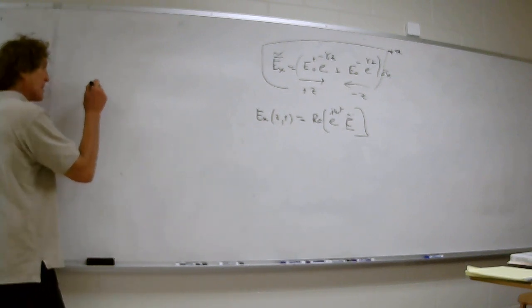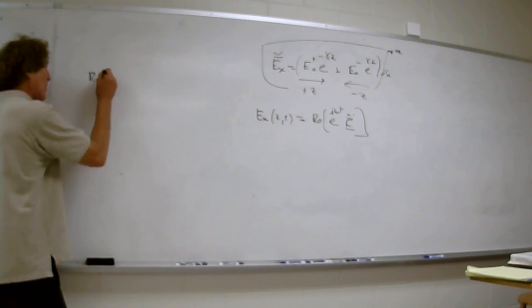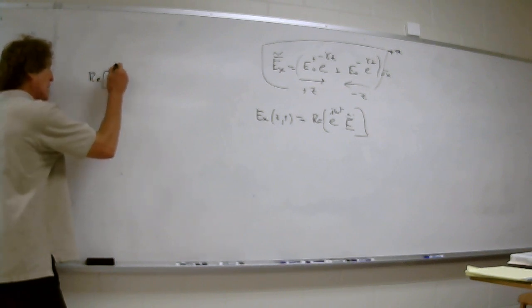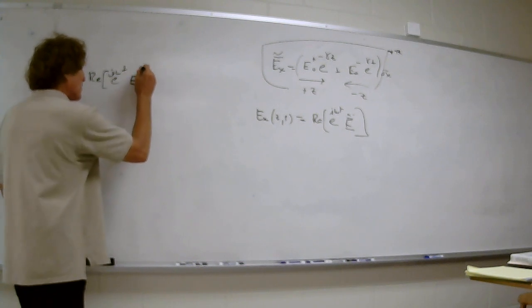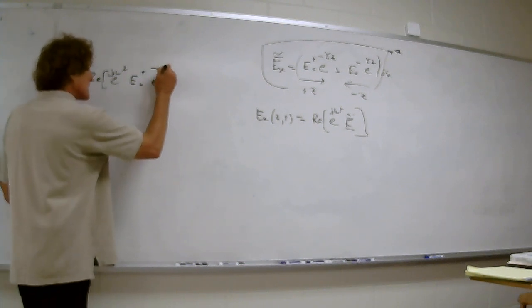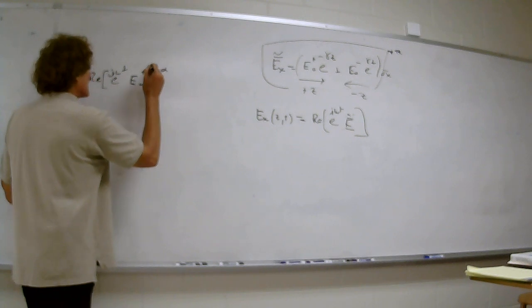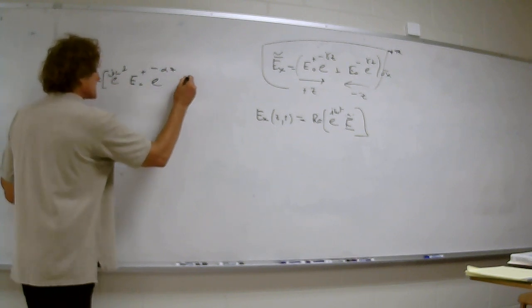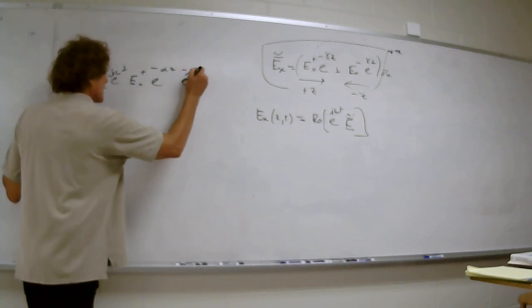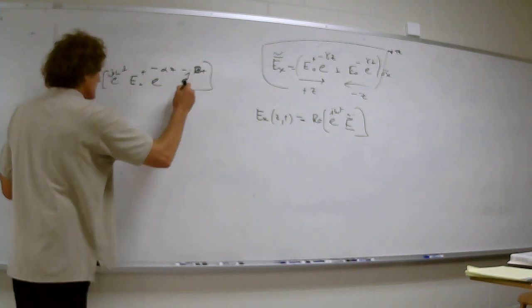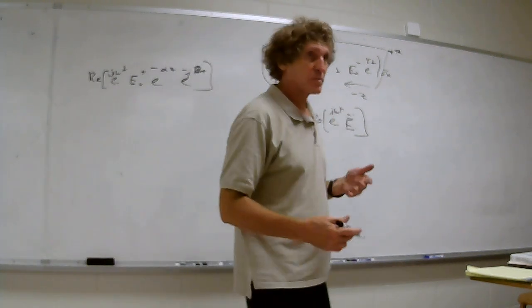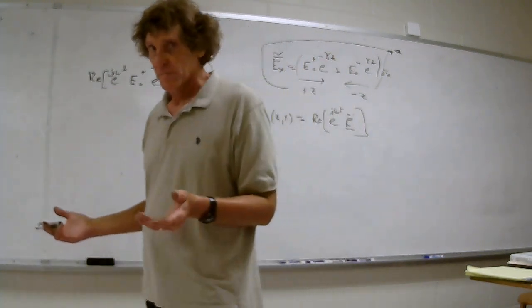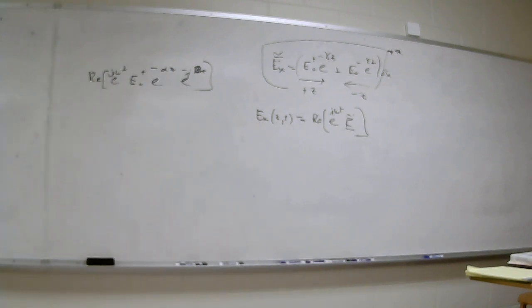If I take the real part of that, it's really the real part of e to the j omega t, and then I have E naught plus, times e to the minus alpha z, times e to the minus j beta z here. Y'all with me? I'm just putting in here, gamma is alpha plus j beta, right? Are you guys with me on this one?